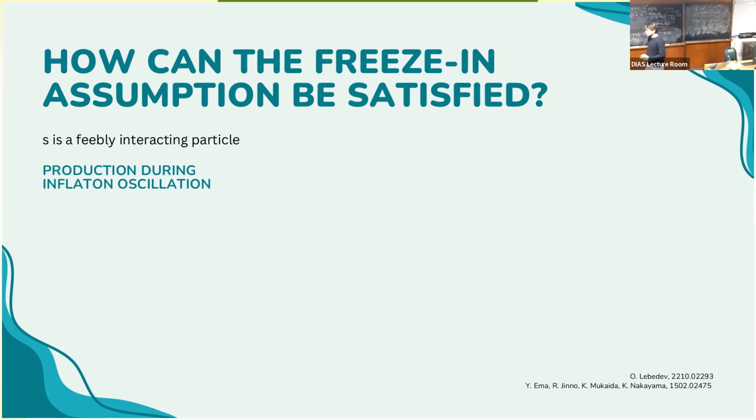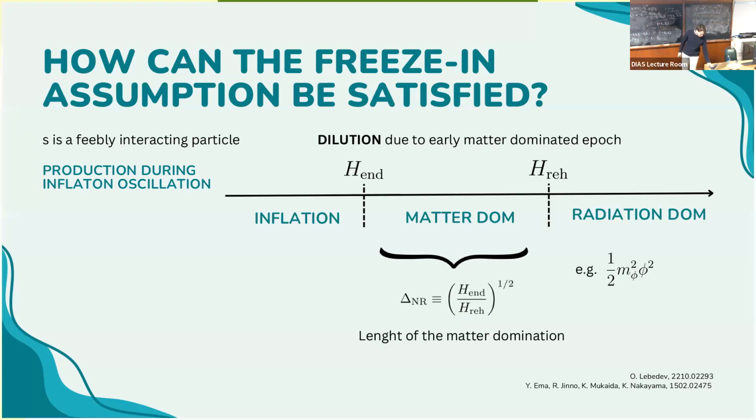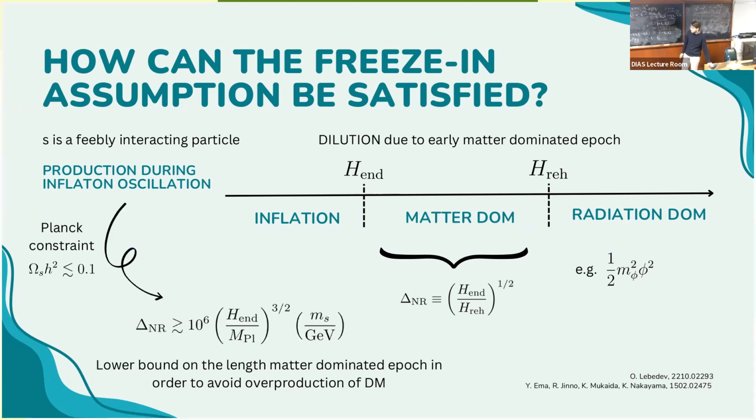One way one can do that is having an early matter-dominated period between the inflation and the radiation-dominated epoch. This matter-dominated epoch can be produced just by the inflaton that keeps oscillating around the minimum, with its decay into standard model particles being very, very slow. We can parameterize the length of this period by delta NR, which is pretty much the length of this matter-dominated period.